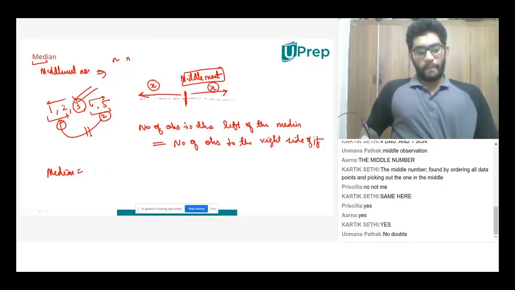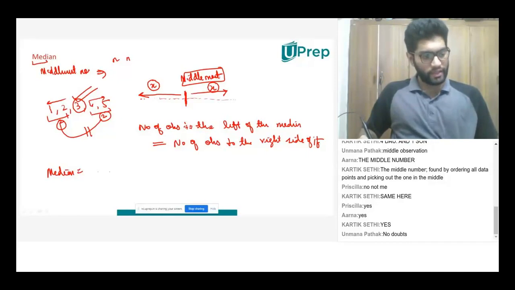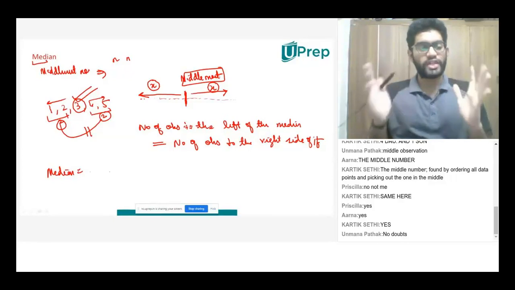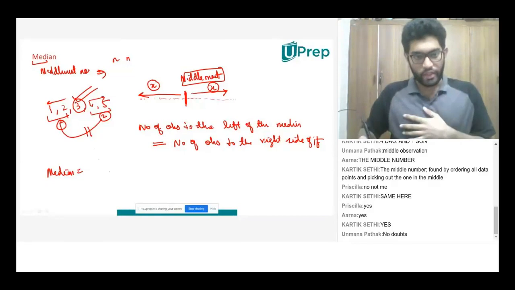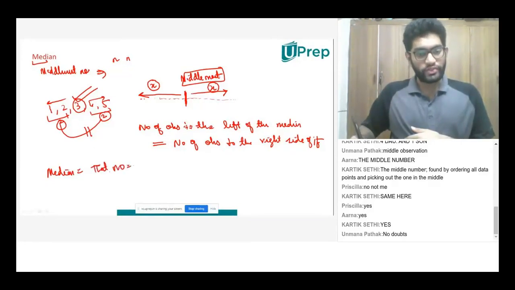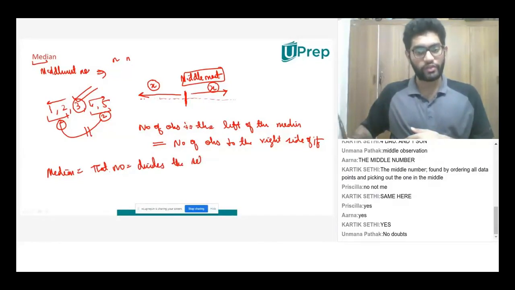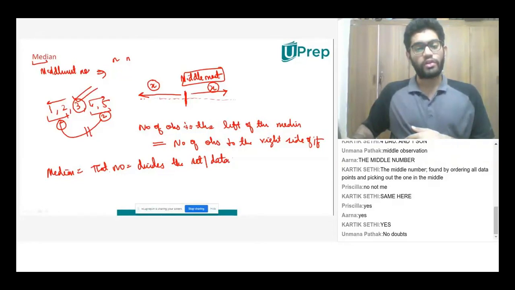Now, median is basically nothing else but that the number of observations on both sides of the median are supposed to be the same. That means the median is that number which divides the set or the data that we have into 2 equal parts.